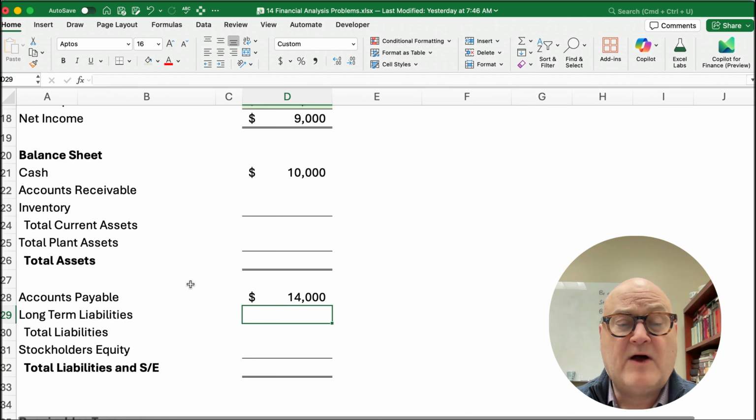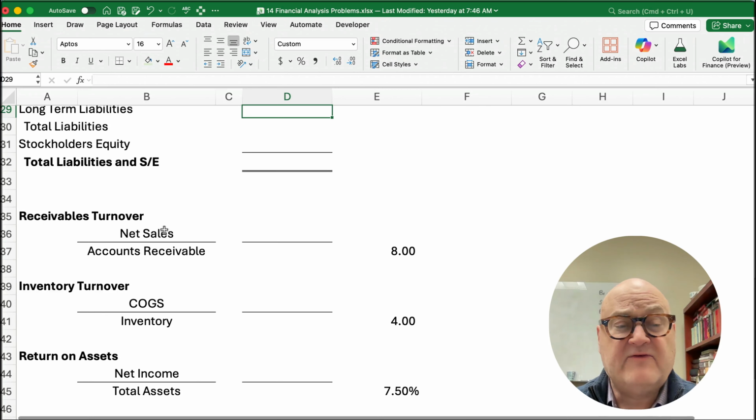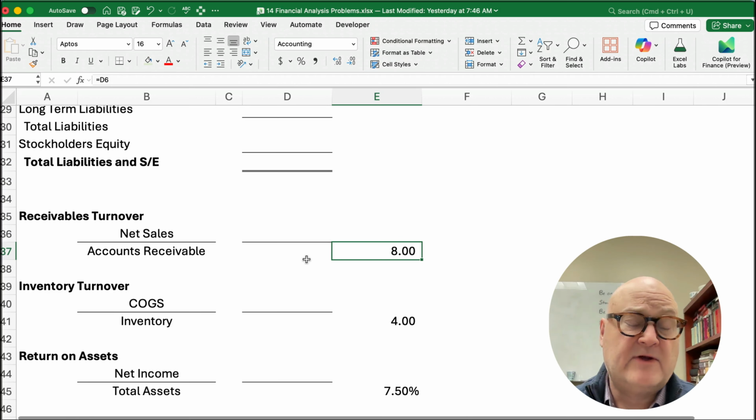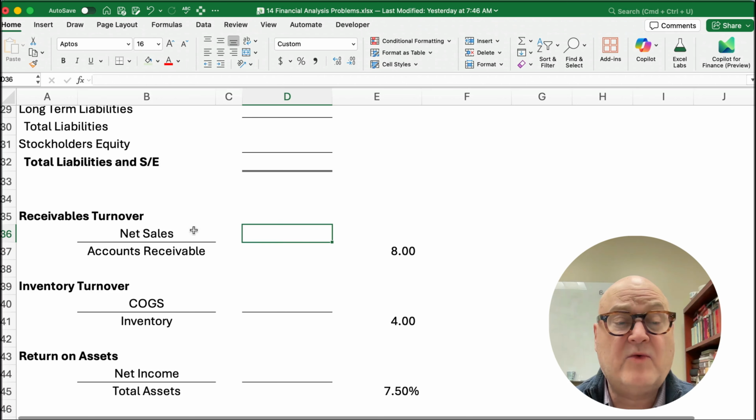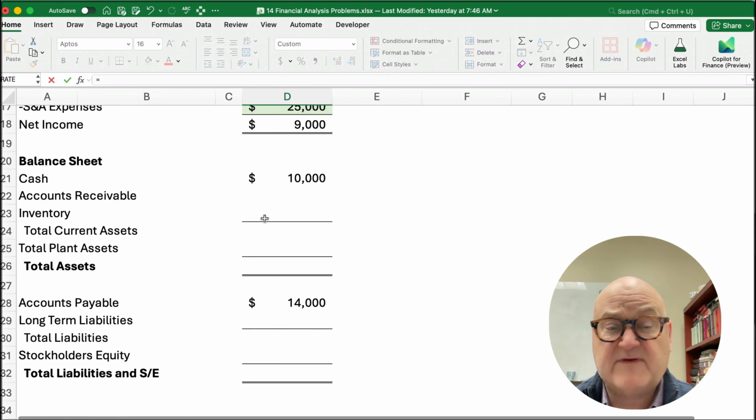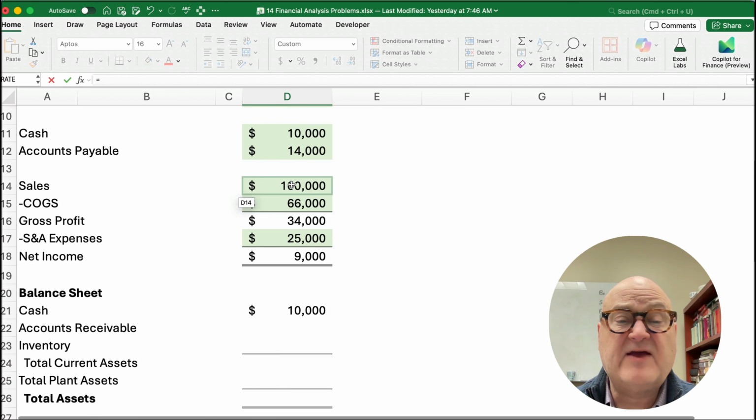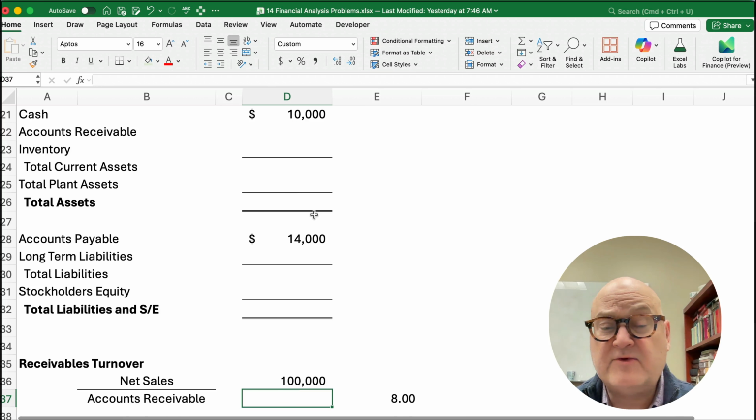Now, we also know the receivables turnover is 8. You may not remember the receivables turnover ratio, but it's net sales divided by accounts receivable. We know the net sales number, so let's grab that from the income statement. Net sales is 100,000.